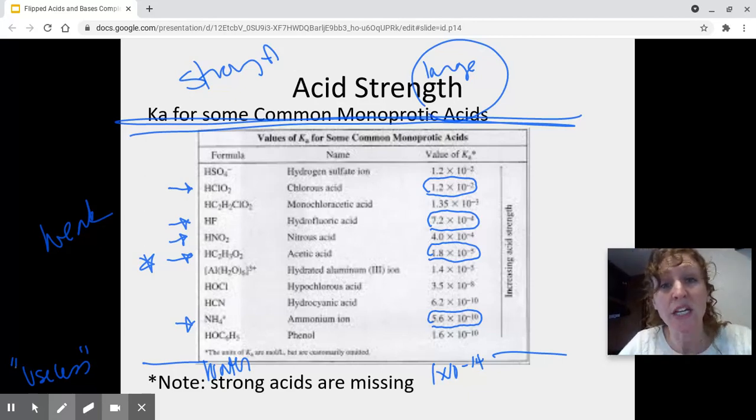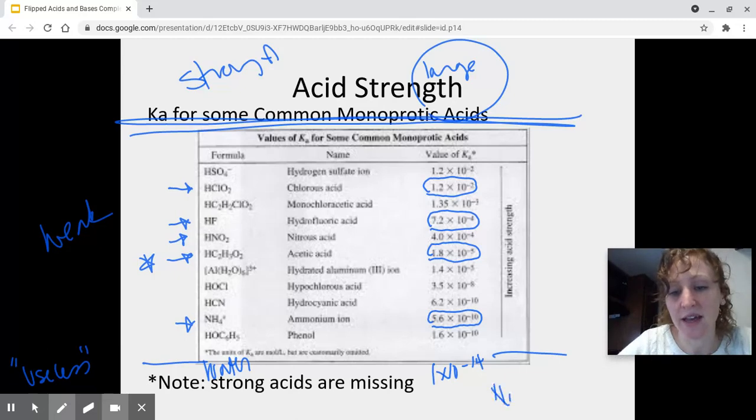So these would be the conjugates of strong bases, like Na+. Na+ would be a useless acid. It's the conjugate acid to a very strong base, and it's going to be an even weaker acid than water. I don't know what the Ka is for this, or if you can even measure it, but we know it's going to be even smaller than 1 × 10 to the -14.